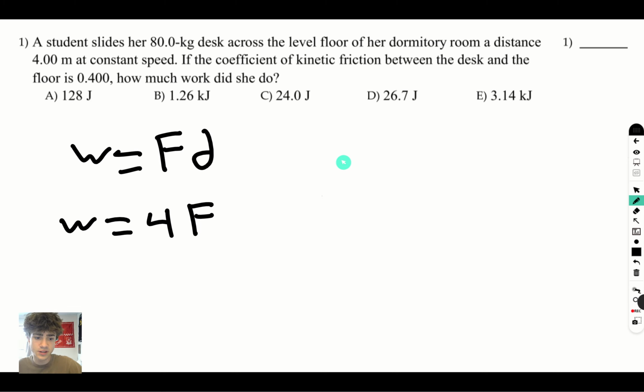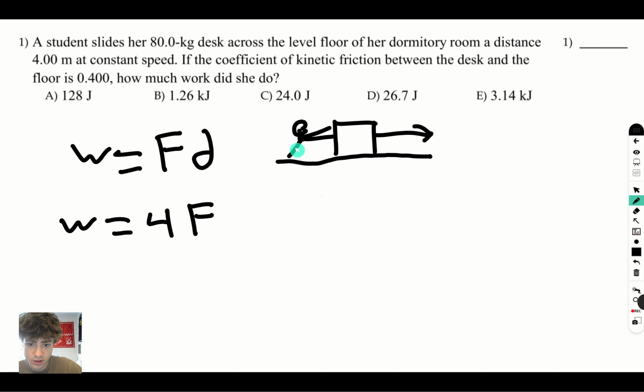And in order to find the force that was applied to the desk, let's draw a free body diagram. First, let's draw a regular diagram. Here's the box. It's getting pushed this way by the girl here. Alright, and now let's draw the free body diagram where we call this point the desk.